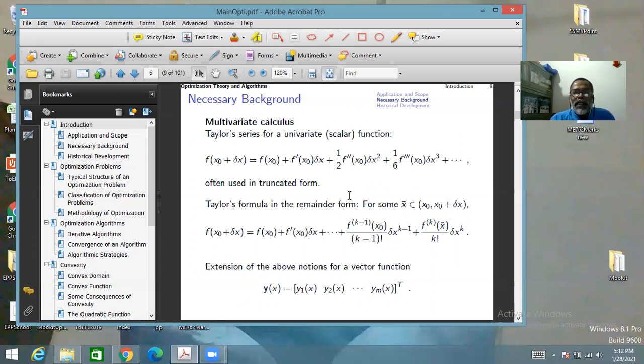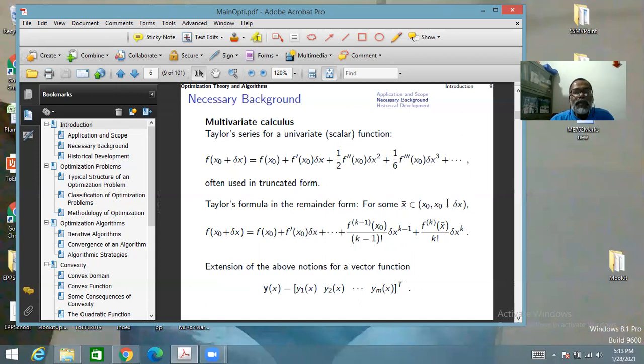So for that, you have the Taylor's formula in the remainder form. Okay. So that says that the same thing is like this, like this, like this goes on. And the last derivative is not evaluated at x naught, but somewhere in between x naught to x naught plus delta x. Okay. This is the remainder term. And Taylor's theorem says that there exists such an x bar in this interval.